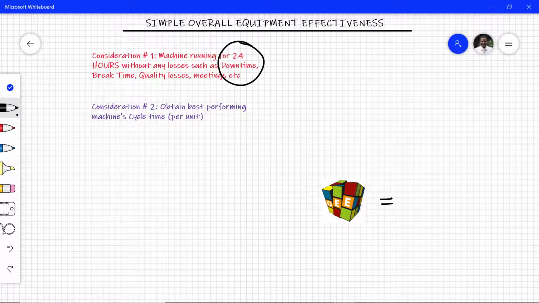Next, we also want to find out how long the machine, or your best performing machine, takes to produce one unit. That means we are talking about cycle time per unit. So now maybe you have taken a stopwatch and you have found out that the machine takes 3.5 minutes per unit.